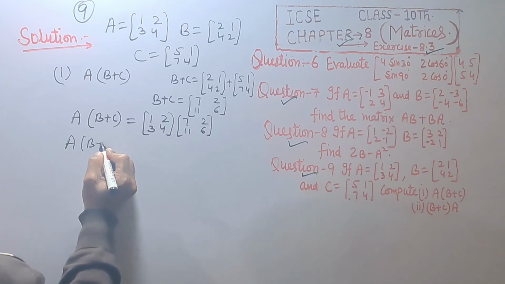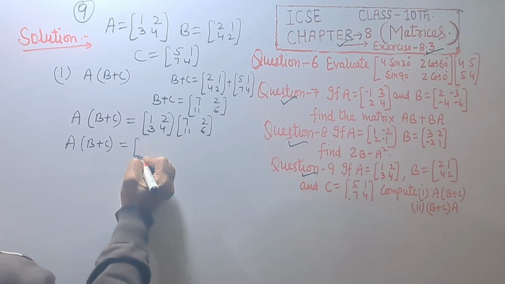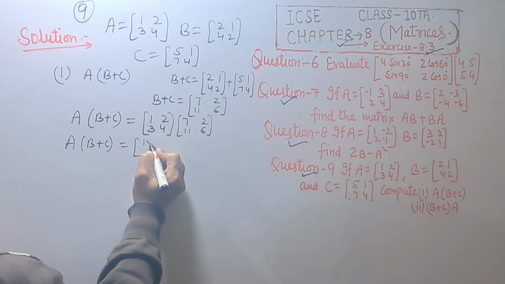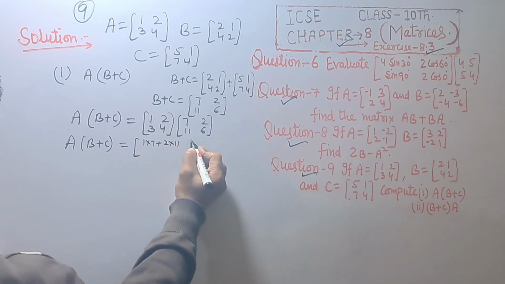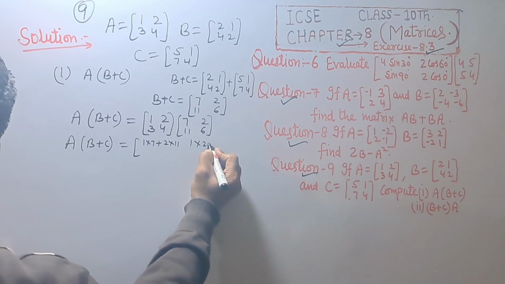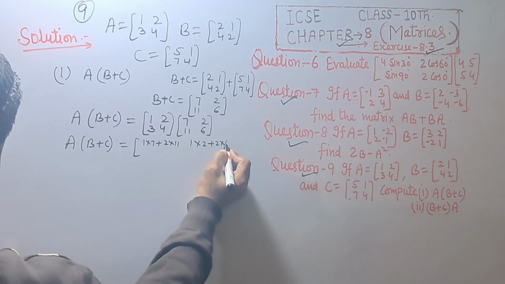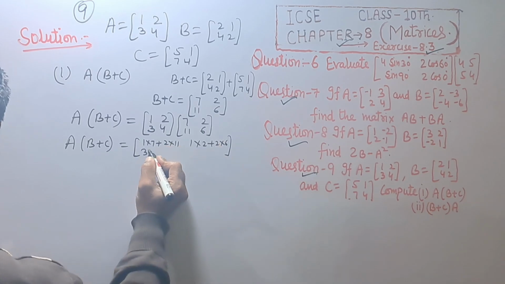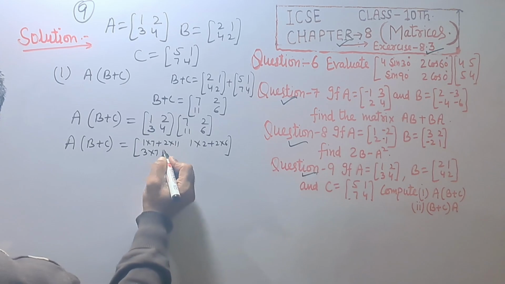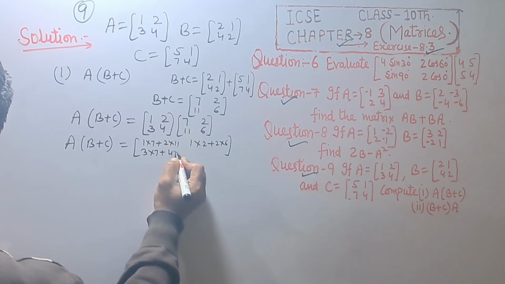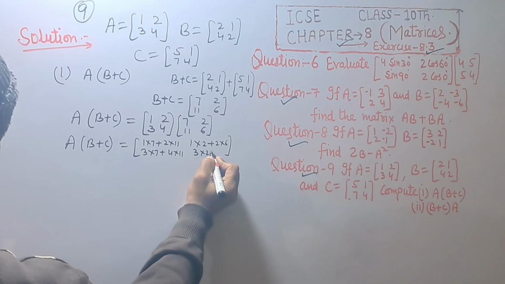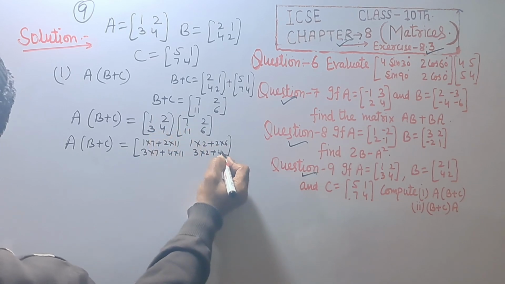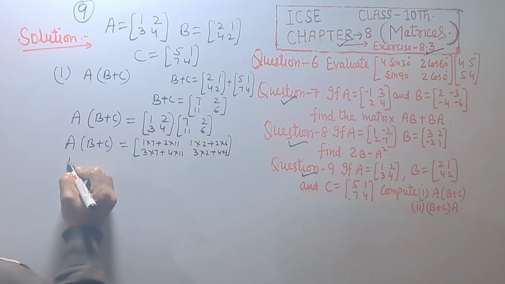A into B plus C equal to first 1 into 7 plus 2 into 11, 1 into 2 plus 2 into 6, 3 into 7 plus 4 into 11, 3 into 2 plus 4 into 6.